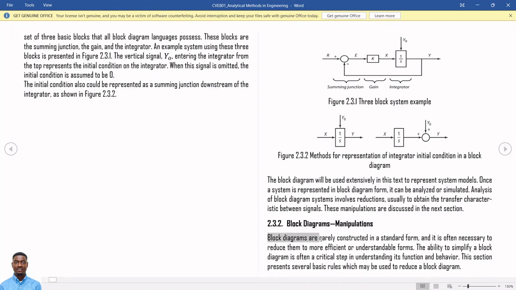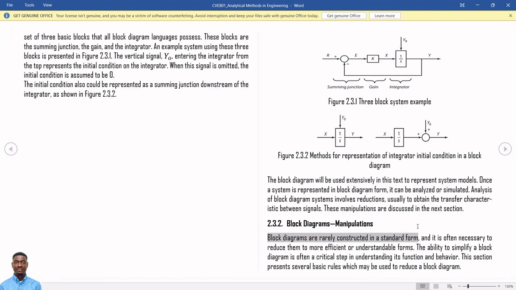Because block diagrams are not created in any standard form. So because there's no standard form by which you can say, oh, this block diagram must be created using this standard form, if I give a question to several students, different students will come up with their own designs of block diagram.